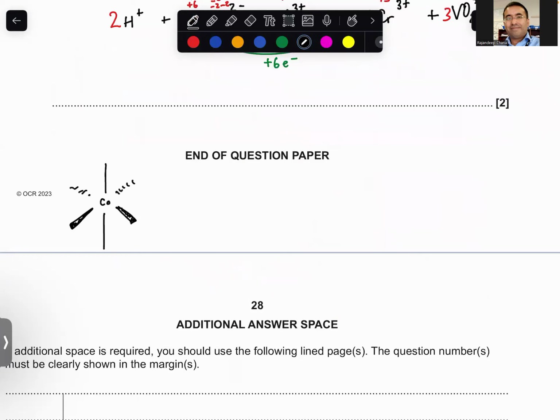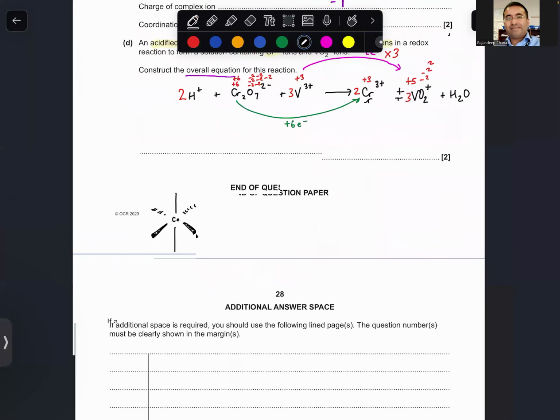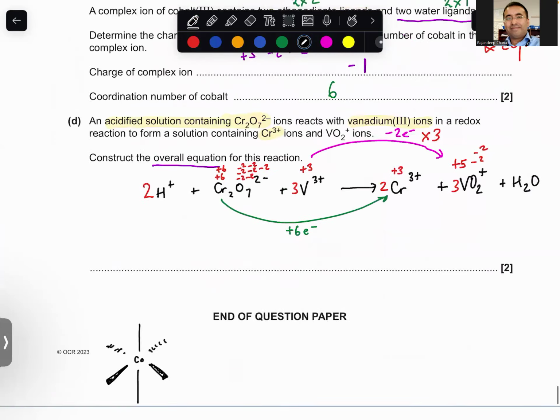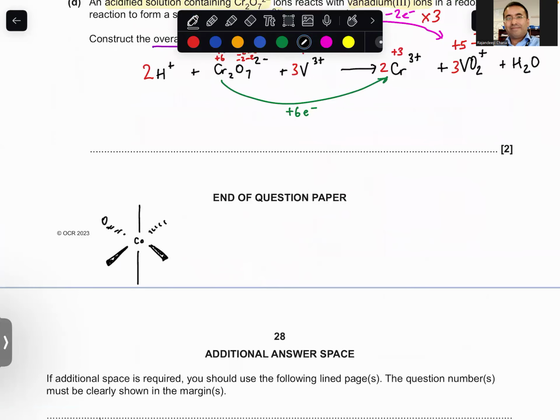This is a possible question the examiners can ask you, so I thought I'd use the opportunity to squeeze it in. So the optical isomer would be ethane dioate. Let's put the oxygens here. Draw the skeletal formulas.